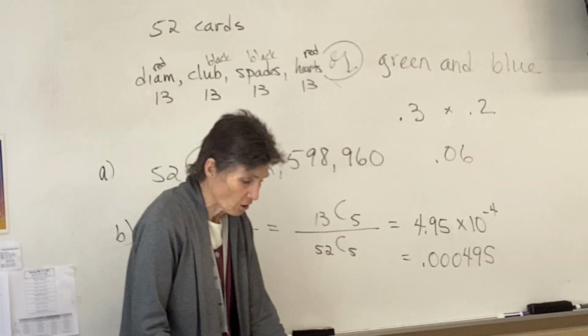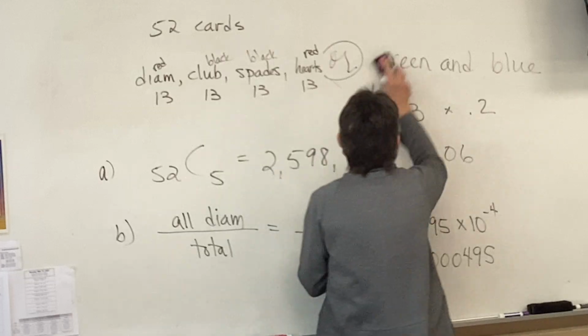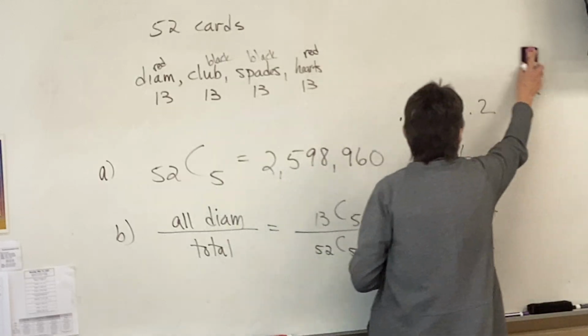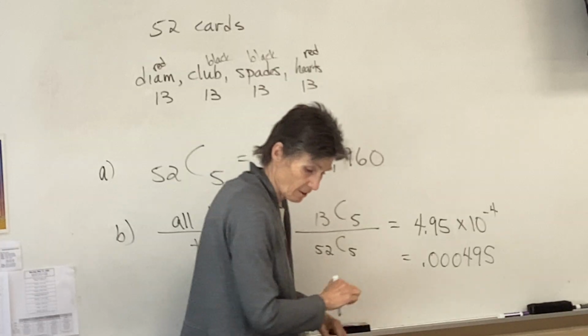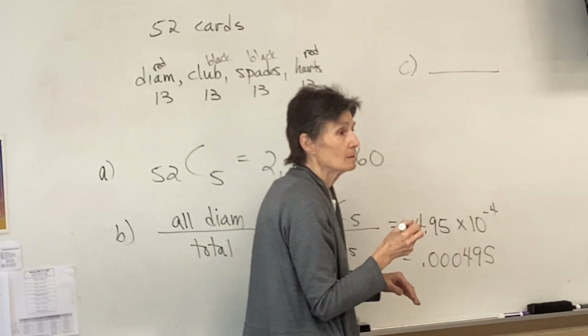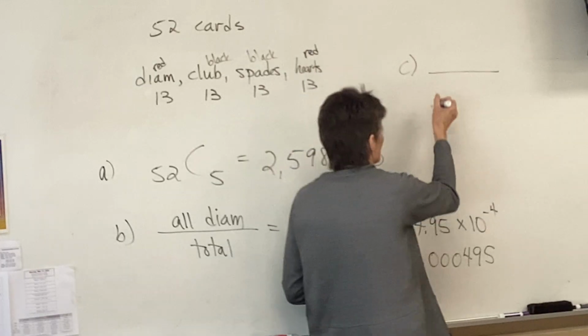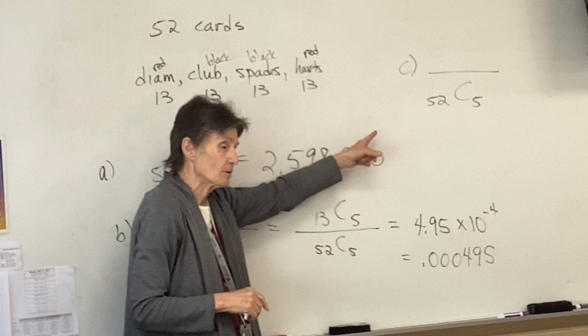All face cards. What is the probability of being dealt a hand with all face cards? Okay, last one we're going to do today. Hang in there. What's your denominator going to be? 52C5. Anytime you're doing a 5-card hand, that's your denominator, because that's the total.